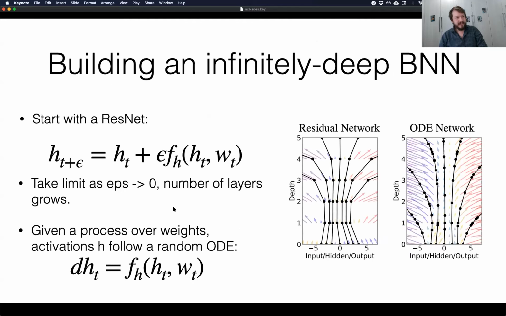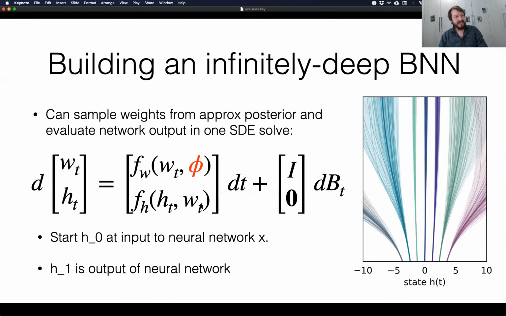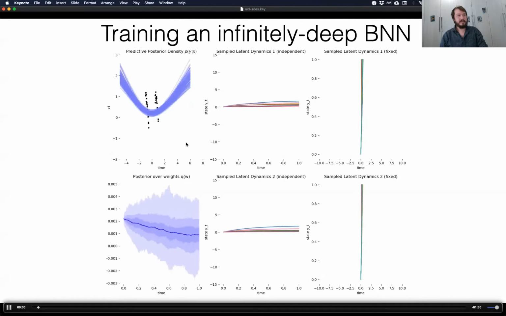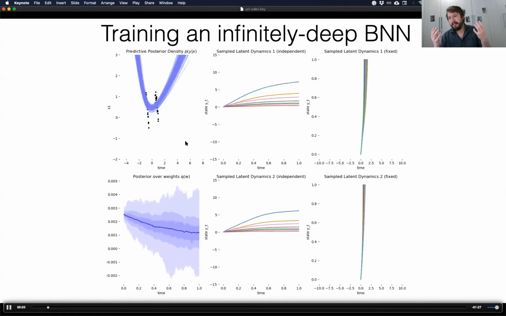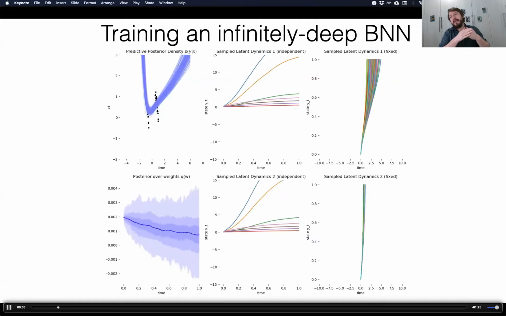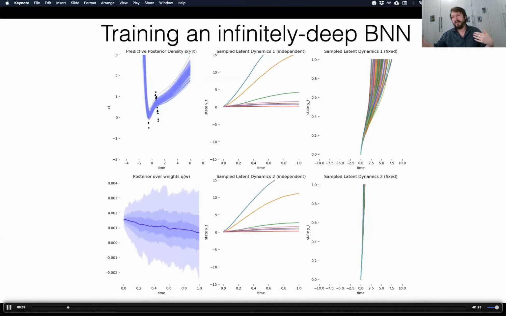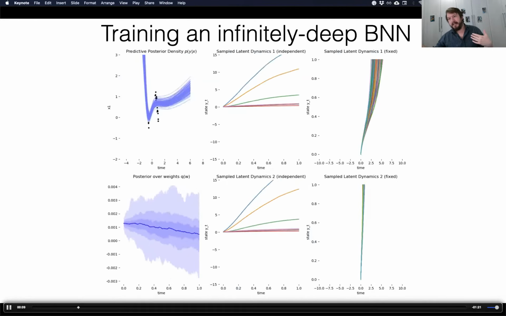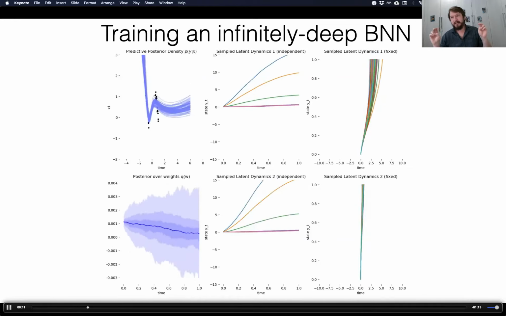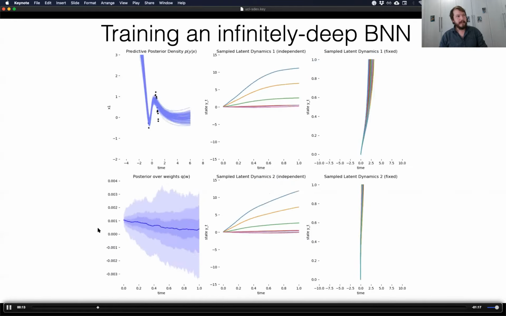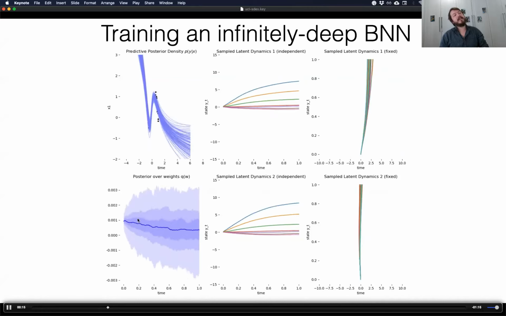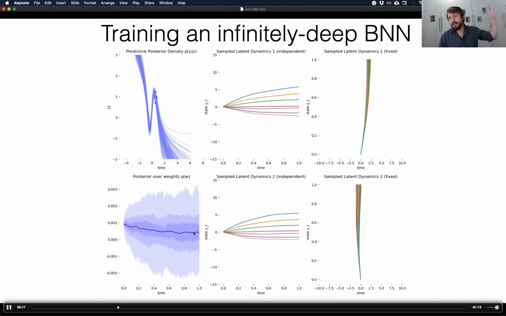And then very quickly, one thing that we did with this setting was fit infinitely deep Bayesian neural networks, where we say, if a ResNet is like an ODE in the limit, a Bayesian ResNet is like an SDE in the limit, and it has infinitely many parameters. So its activations end up following these SDEs, and we can use this machinery that we just built.